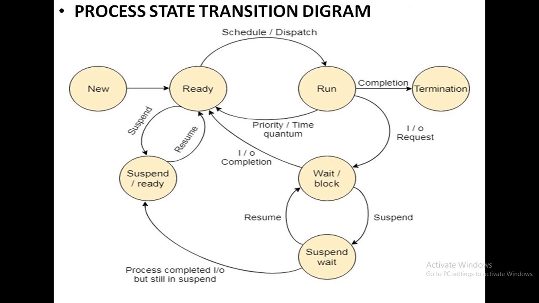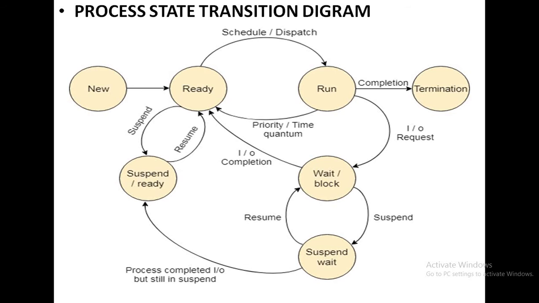Before going to execution, first the process gets loaded into the ready queue, that is called the ready state, and from that ready queue, one by one process is selected by the operating system and given to the processor for its execution.